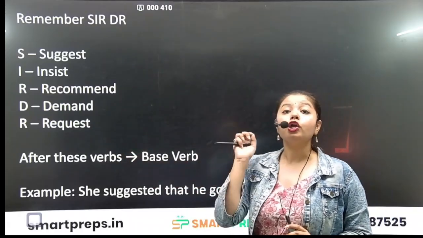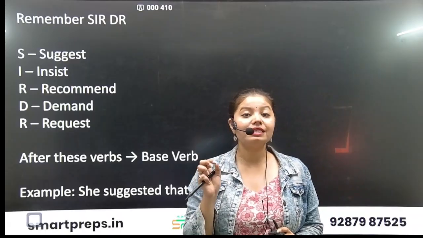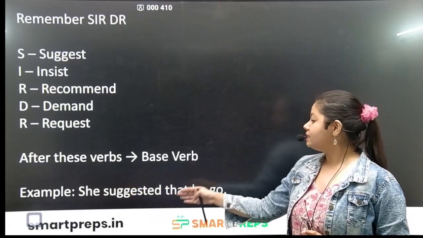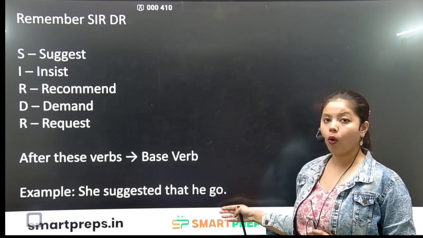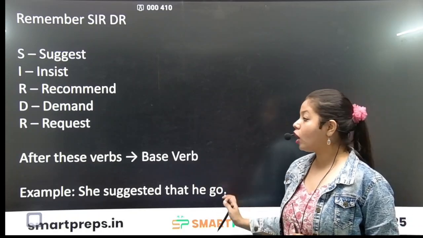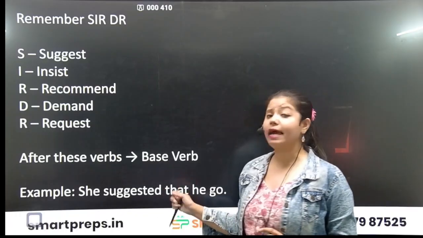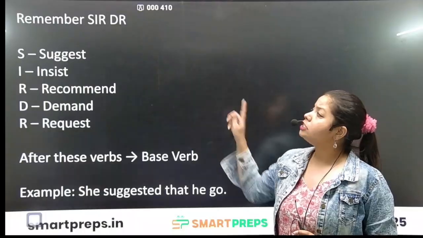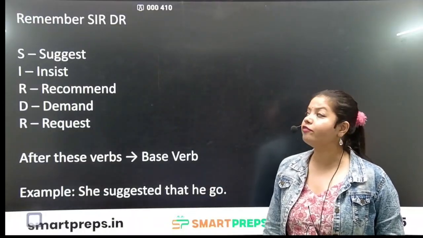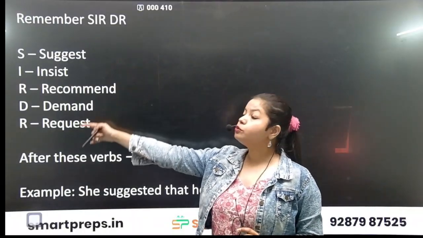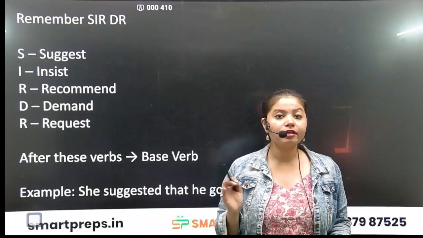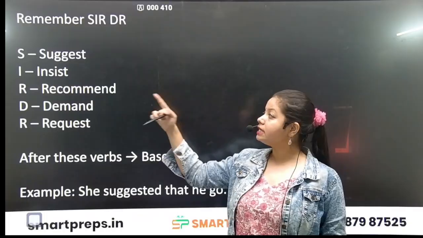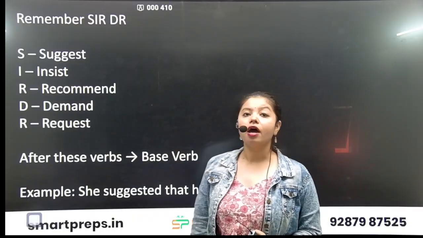This is the universal rule in the subjunctive mood. For example, she suggested that he go. It will not be "she suggested that he goes." It will be that he go. So this was the short trick that I gave you. How will you remember all these words? That is why I brought the short trick, SIR, DR: suggest, insist, recommend, demand, request.